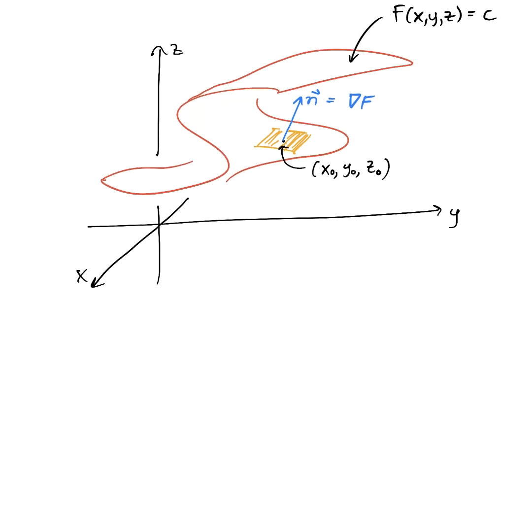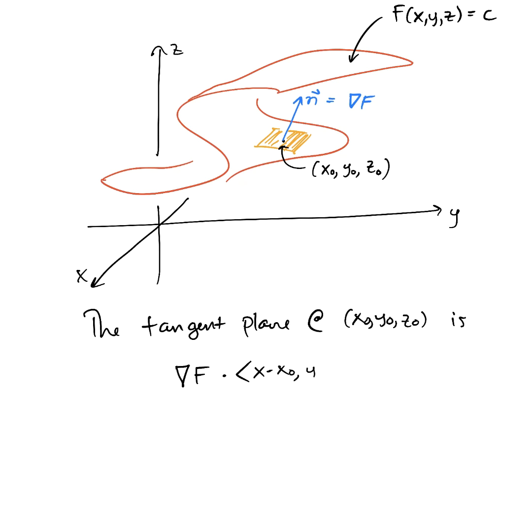So in this case, the tangent plane at the point x naught, y naught, z naught is simply gradient F dotted with x minus x naught, comma, y minus y naught, comma, z minus z naught.